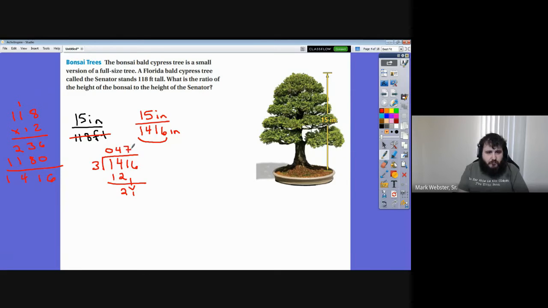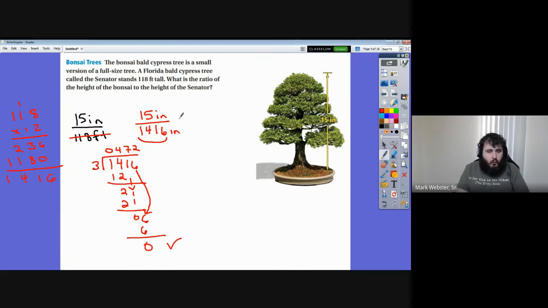That's 7. Then bring down the 6. 3 goes into 6 twice. 0 remainder. We know that we divided it evenly, which is what we were sure we were going to do.